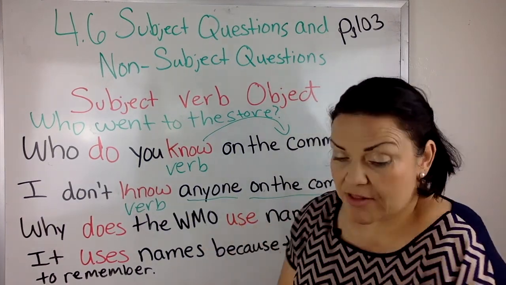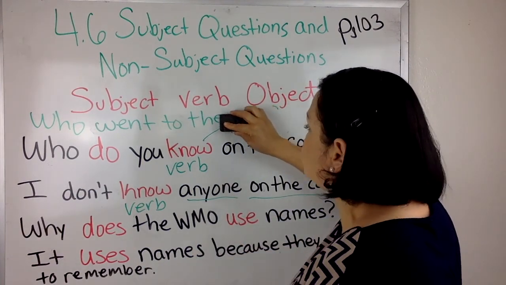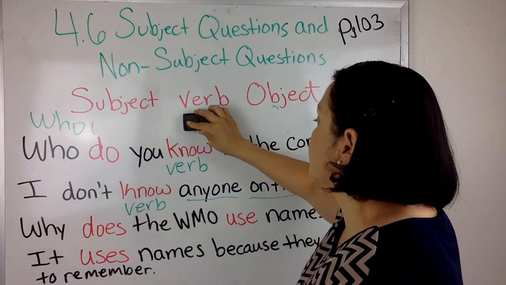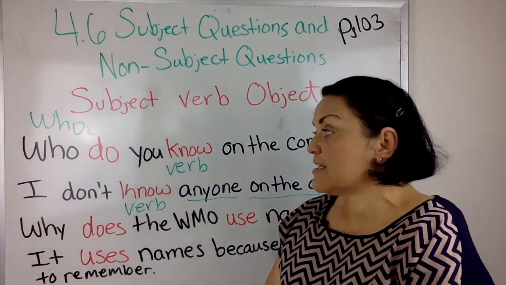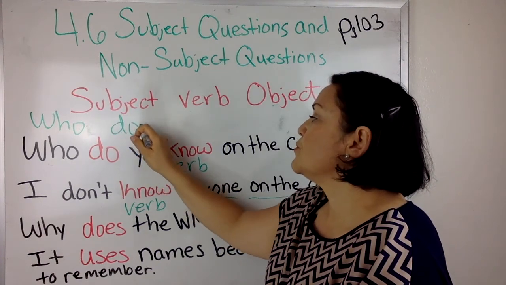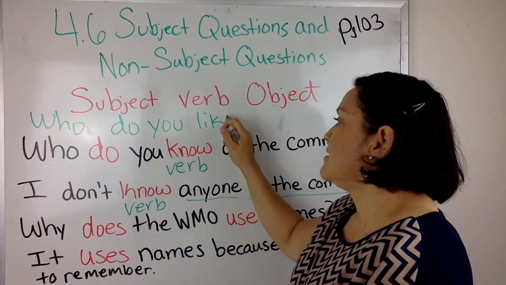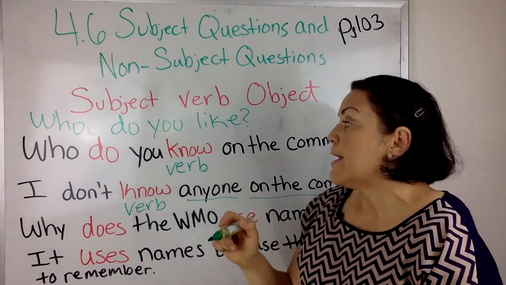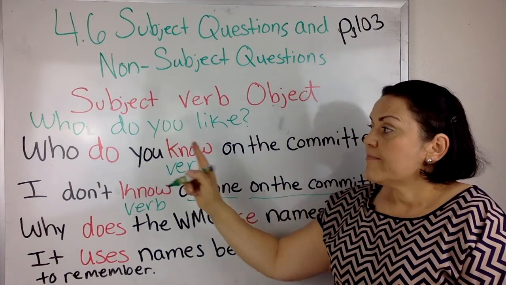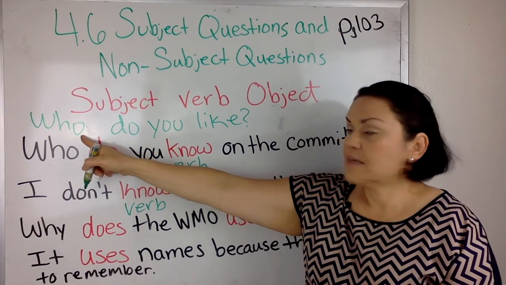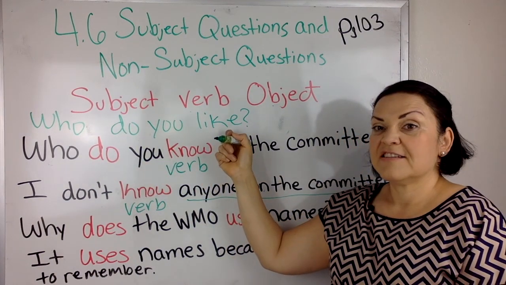So let me write another one for do, besides the one in the book. Here's another one. I'll say, who do you like? Okay? Who do you like? So is it about who? It's about like, right?